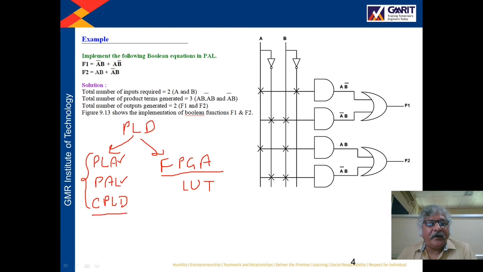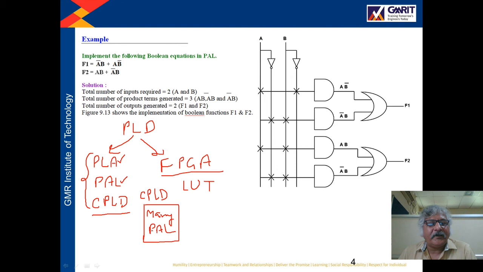And CPLD means complex programmable logic device. Suppose this is one CPLD. Inside this CPLD, there are many PAL-type structures.